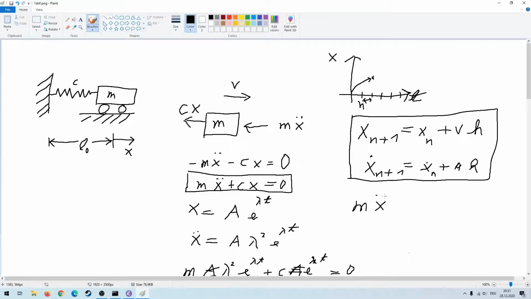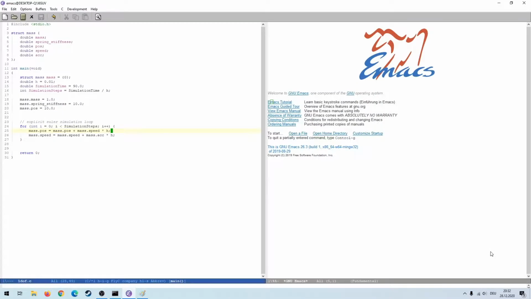This is our acceleration, x dot dot, plus spring stiffness times position is equal to 0. So we can easily solve this equation for the acceleration, which is minus spring stiffness times position divided by the mass. So we can just put it in here.